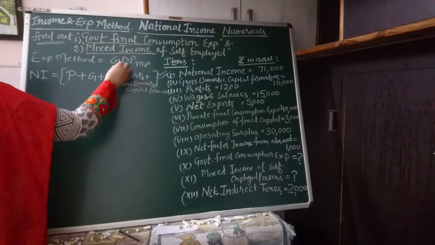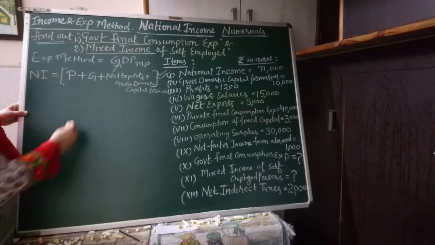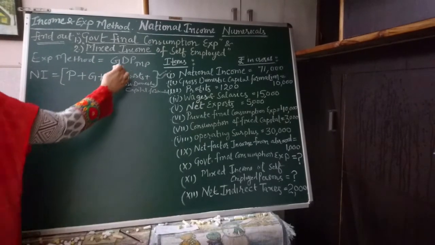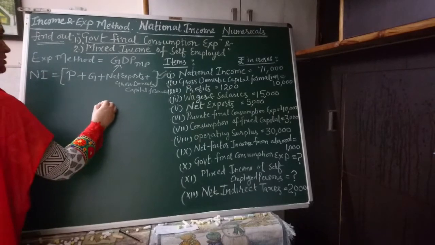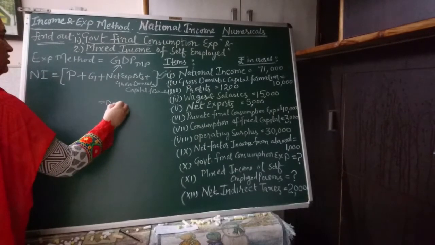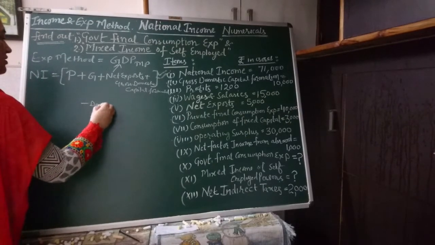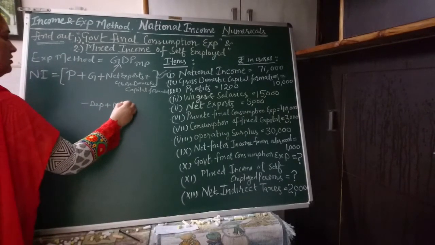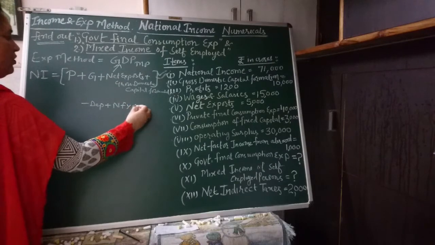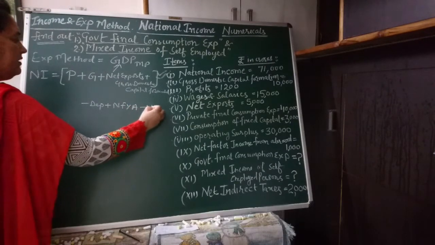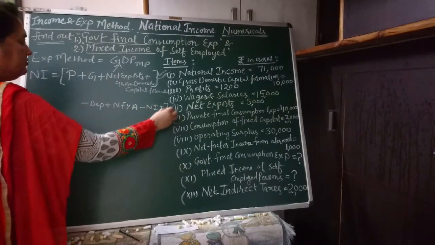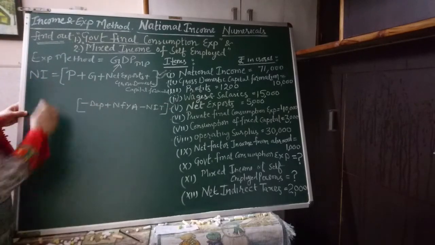Actually, these four components are related to GDP at MP. And for the calculation of national income, let us deduct depreciation from it, minus depreciation plus net factor income from abroad or minus net indirect taxes. Then we can calculate national income.